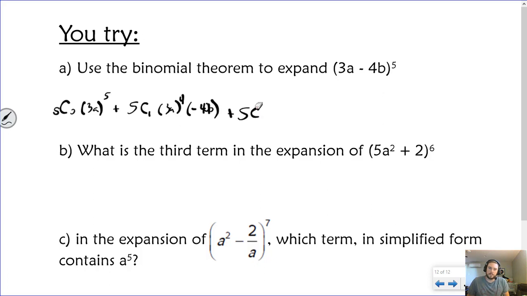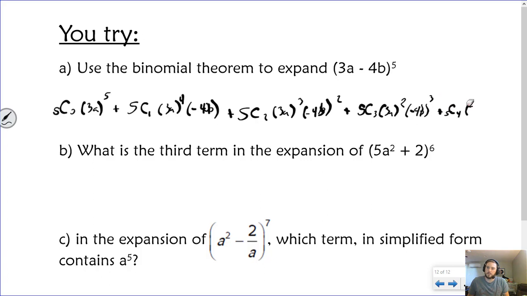Plus 5c2, 3a to the 3, negative 4b squared, plus 5c3, 3a squared, negative 4b cubed, plus 5c4, 3a, negative 4b to the 4, and then finally plus 5c5, negative 4b to the 5. Okay, so now it's just a matter of pulling out our calculator and doing the work here.